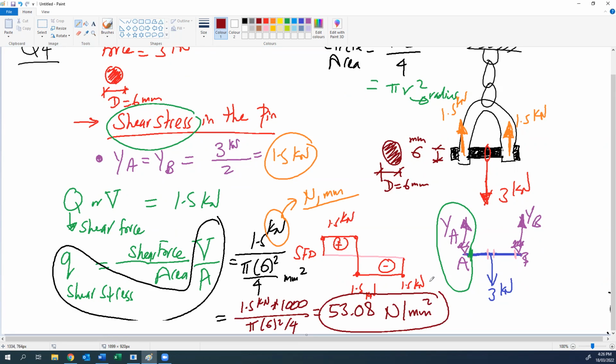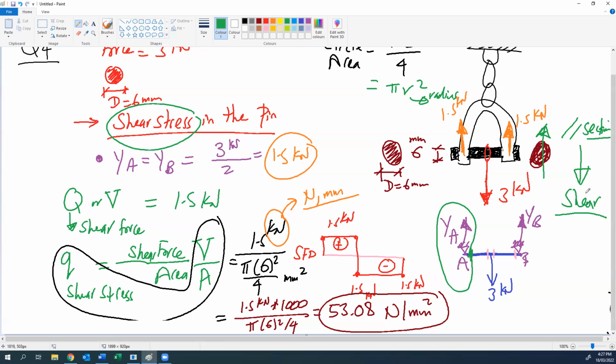Okay, so for this example, why is this called shear stress, not normal stress like the previous example? Because if this is a cross section, the circular cross section, the forces are parallel to the section. If the force is parallel to the section, this means this force causes shear.